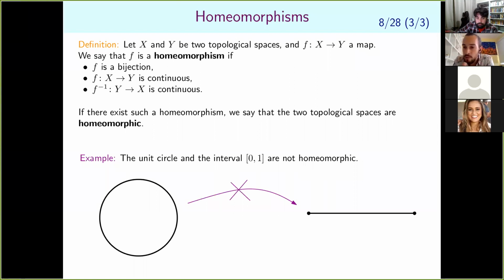I give here an example of two spaces that are not homeomorphic, the circle and an interval, a line. It is not obvious to prove, but there is no way to define a homeomorphism between the circle and the interval. They are different from a topological point of view.